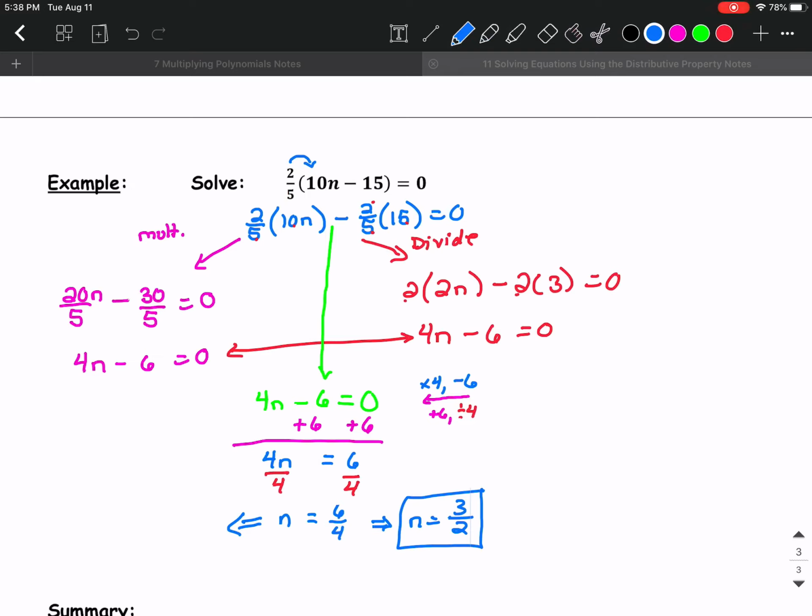Our calculators will reduce the fraction for you. Some calculators will give you a decimal, 1.5. That answer is also perfect. I don't care which of those 2 answers you give me. They're both 100% correct, so whichever one you like.